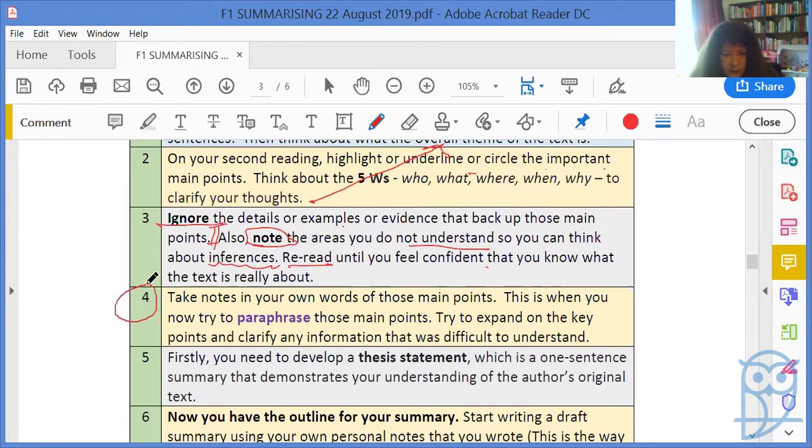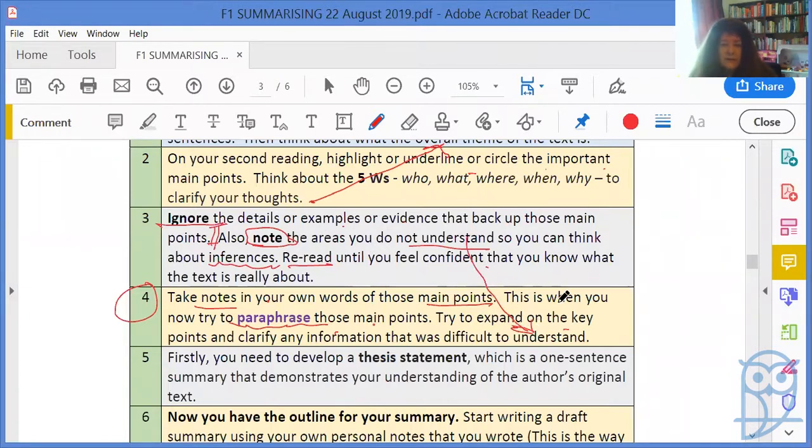Step 4, take notes in your own words of those main points. And this is when you are paraphrasing the main point. Try to expand on these points and clarify any information that was difficult to understand.